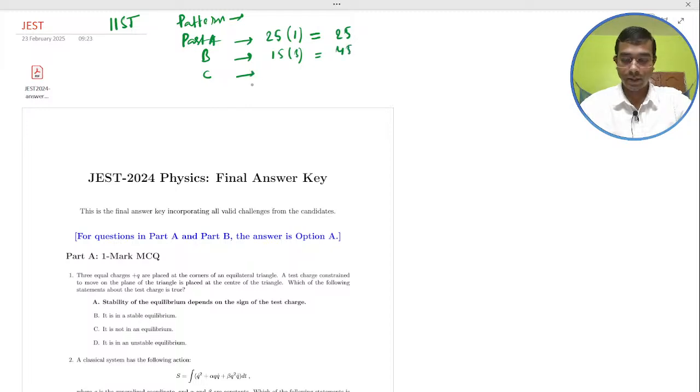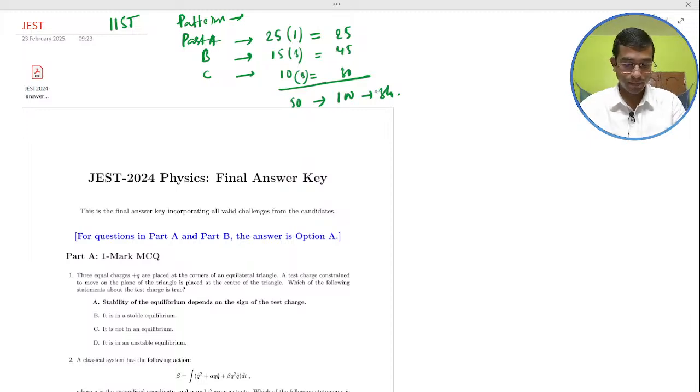And in part C, there are 10 questions carrying 3 marks, equal to 30. So the total number of questions in the JEST exam is 50, carrying 100 marks, in 3 hours.